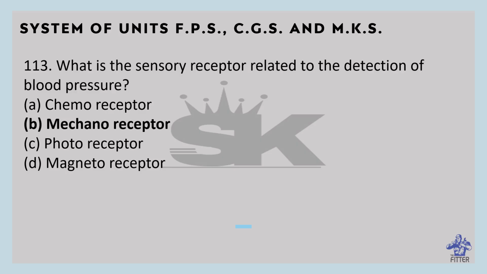Chemoreceptor transmits nervous signals to the respiratory center in the brain. Photoreceptors are specialized neurons found in the retina. Magnetoreceptors allow an organism to detect the Earth's magnetic field.